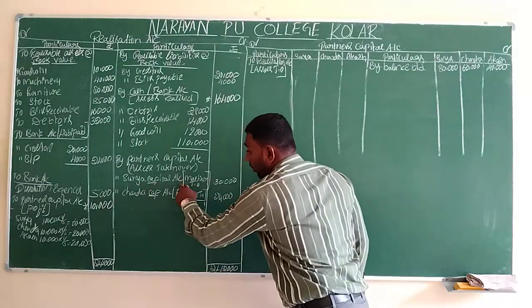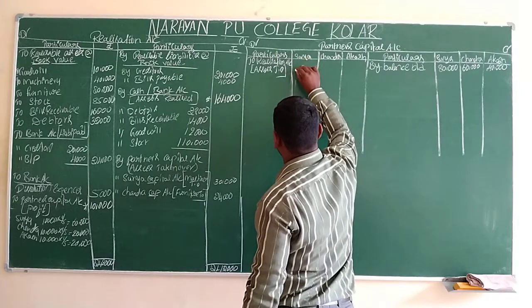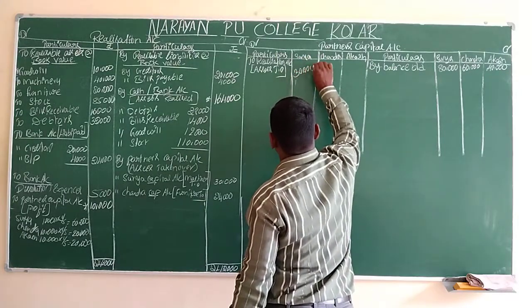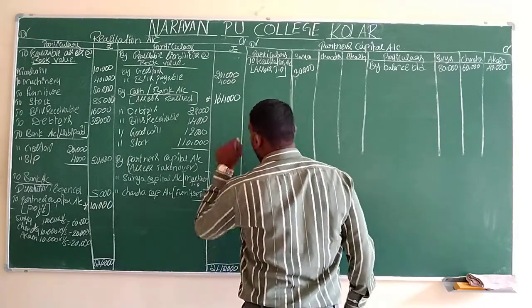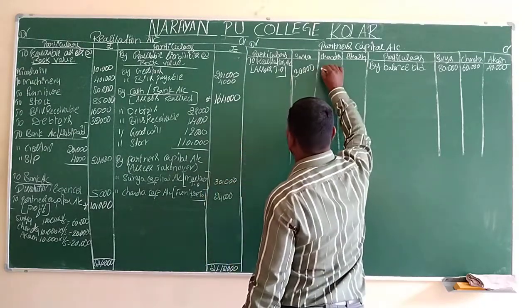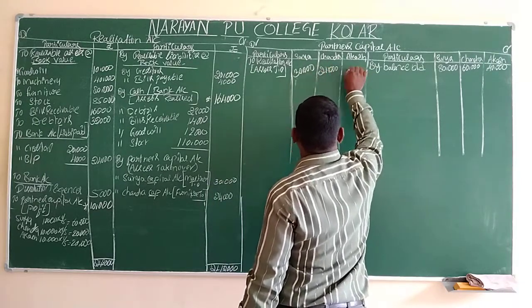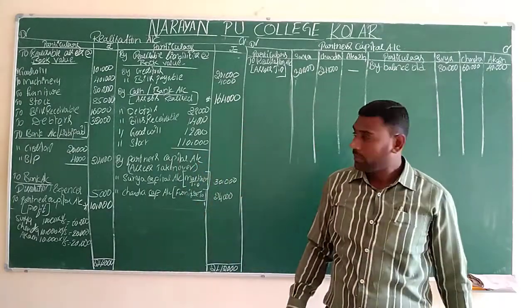Surya capital account took over machinery, so in the name of Surya we transfer the value, 30,000. Chandra capital account took over furniture, so in the name of Chandra we transfer 24,000. Akash does not take any asset, so no need to transfer here.